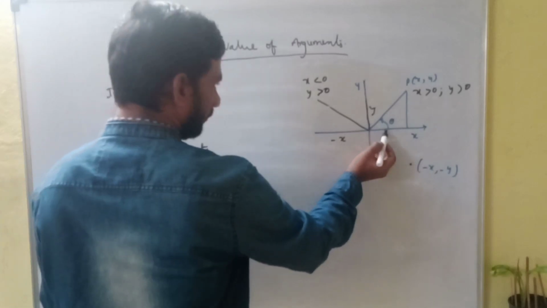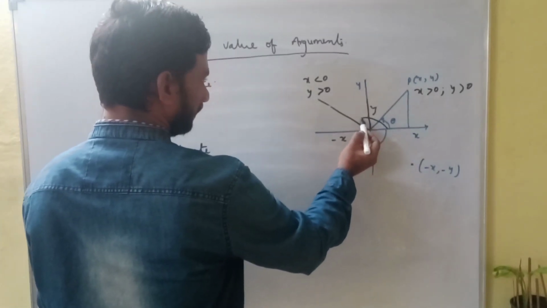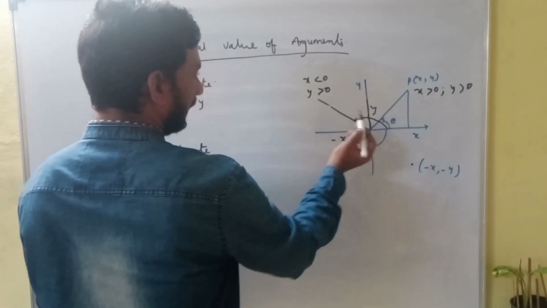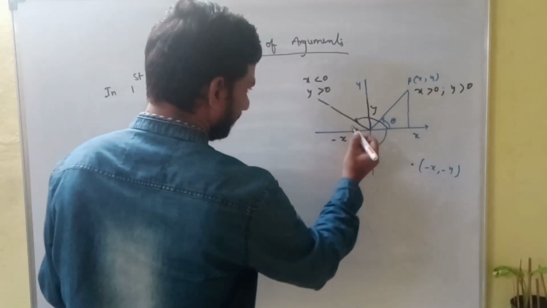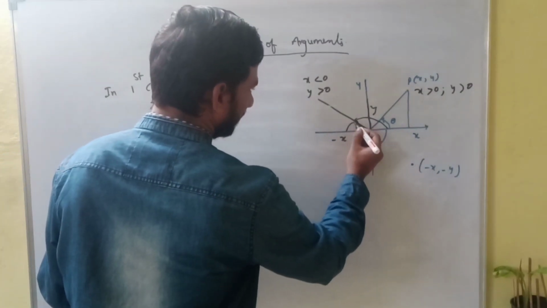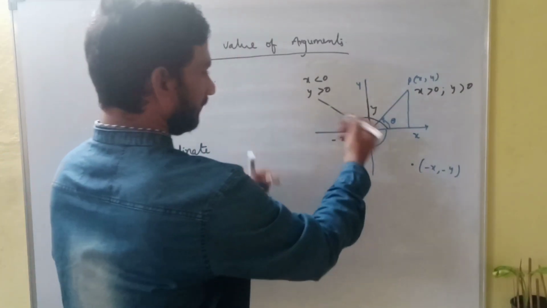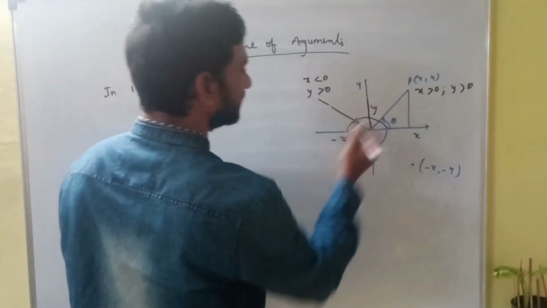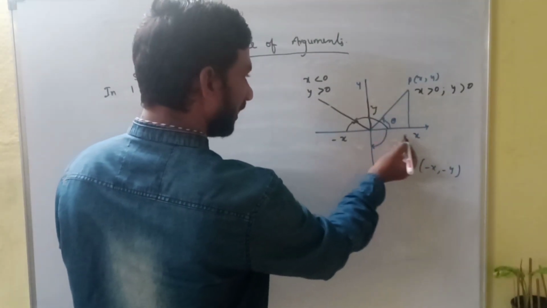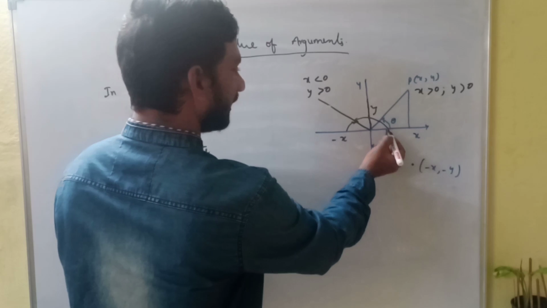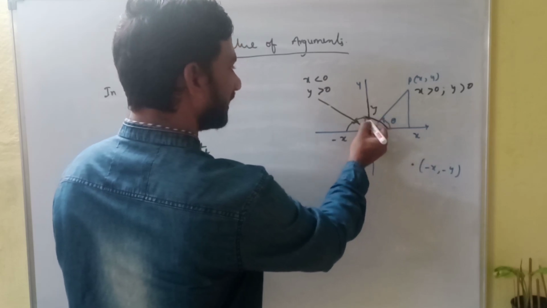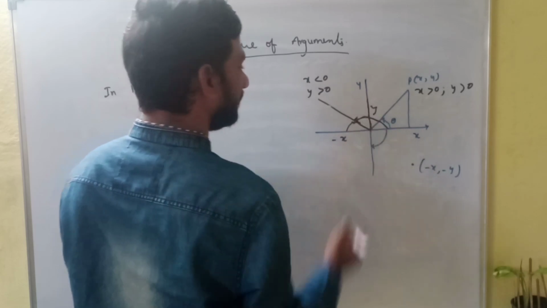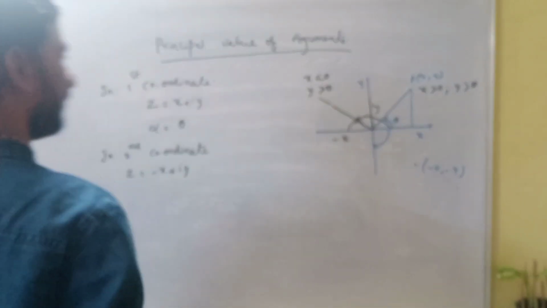We have to calculate the principal argument from here to here. X is making from the negative x-axis to the positive y-axis. And if you take from the positive x-axis, we are taking the anti-clockwise direction. Anti-clockwise direction means you will get positive values.